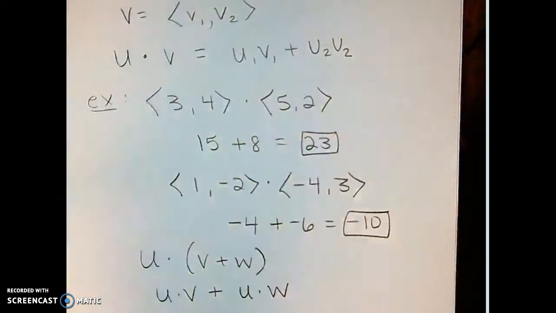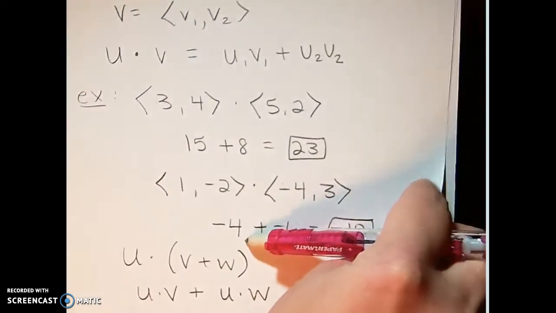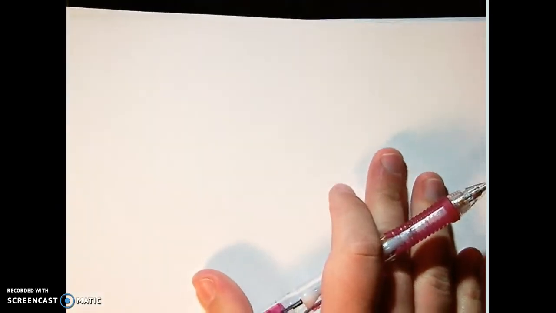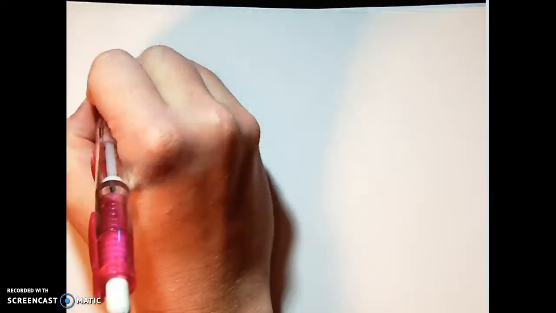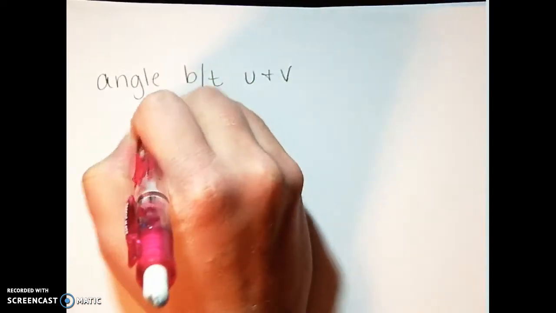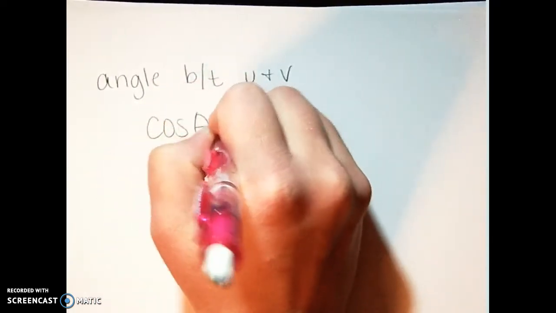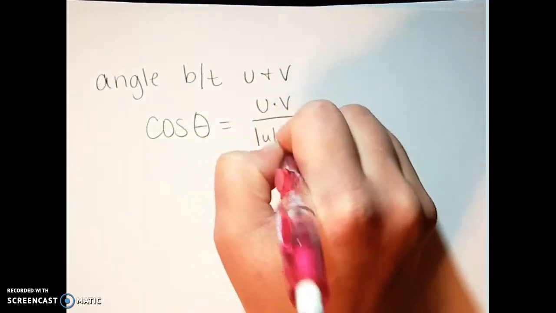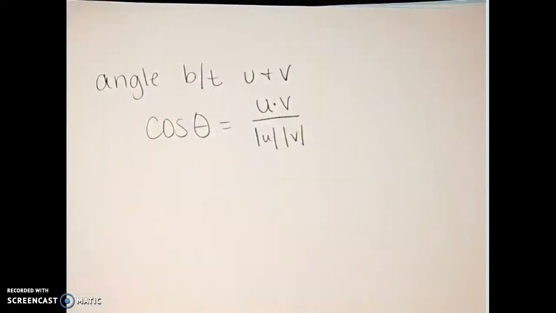One of the things that is important in this section is the angle between two vectors. It has its own little formula that we use. The angle in between is found by cosine of theta equals the dot product over the product of the magnitudes.